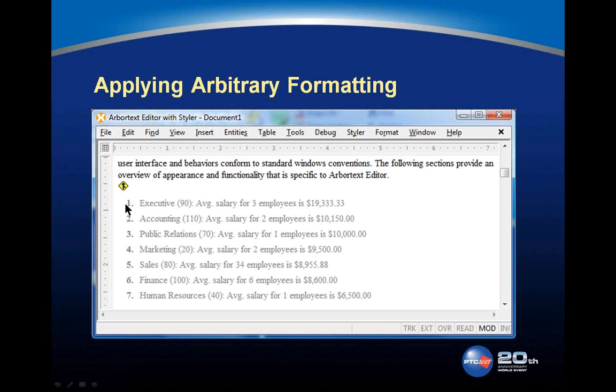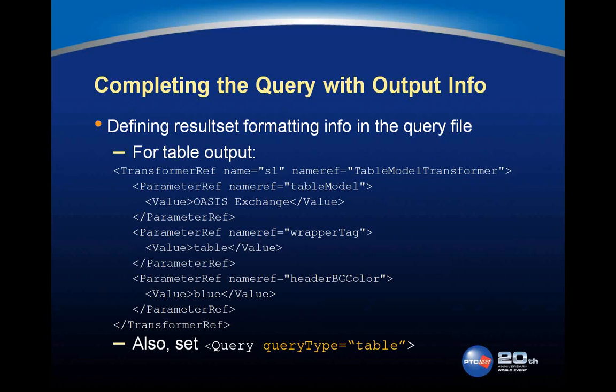For each department, there will be one row, and then it'll have columns corresponding to those values. And then I'm applying an XSL transformation to take that table of information and convert it into an ordered list, and each department gets a list item, and then we construct this sort of descriptive string of text based on the values that I'm getting out of the database.